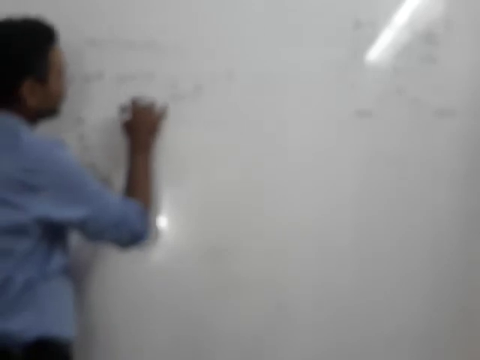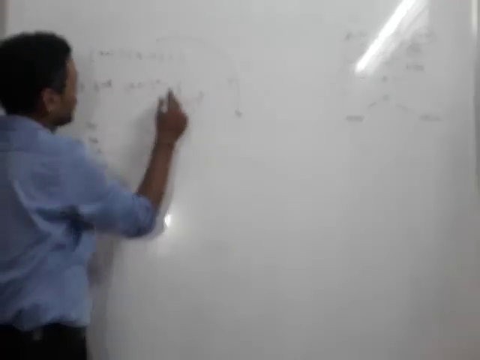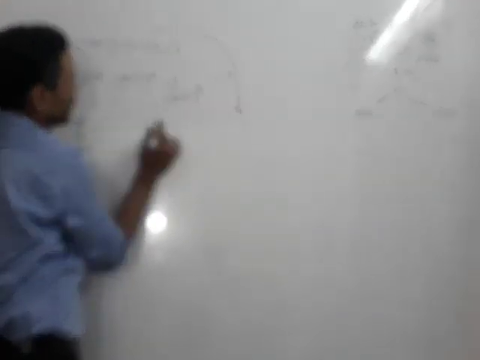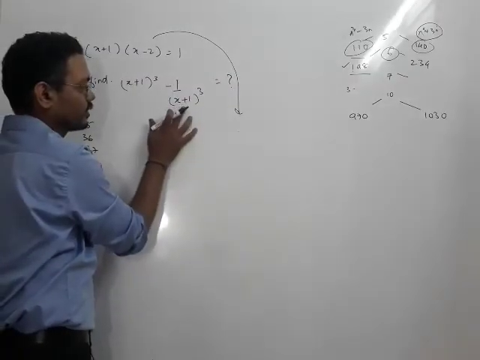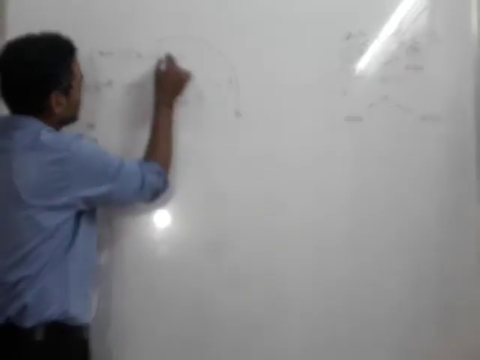Okay, two ways to solve it. The options are 35, 36, 37, 39. First I will tell you the normal way also. They have asked for this, so I want things in the form of x plus 1. So I will take this thing here.